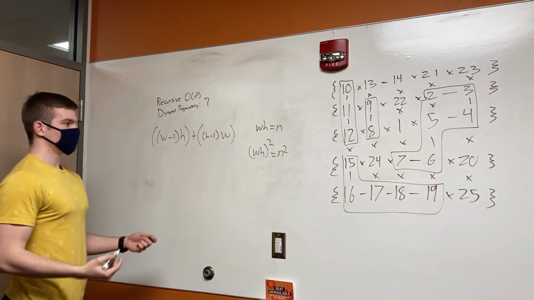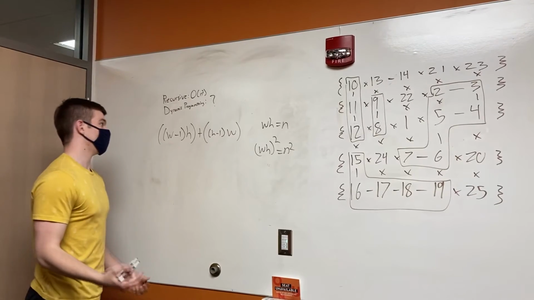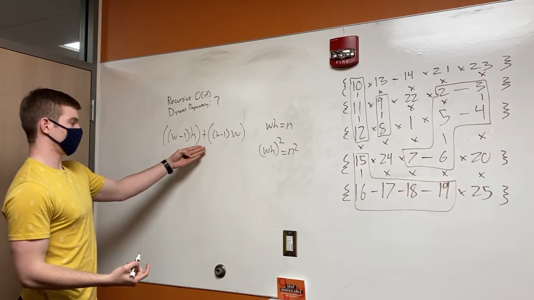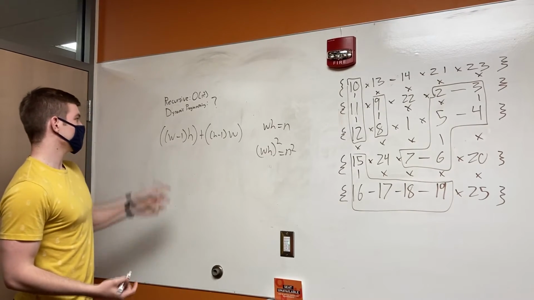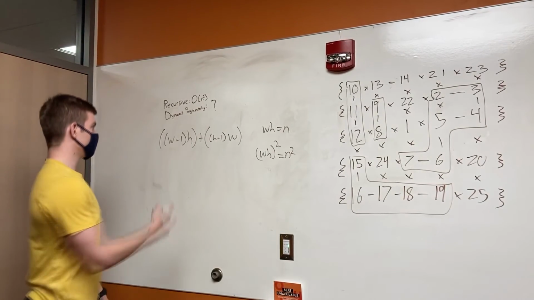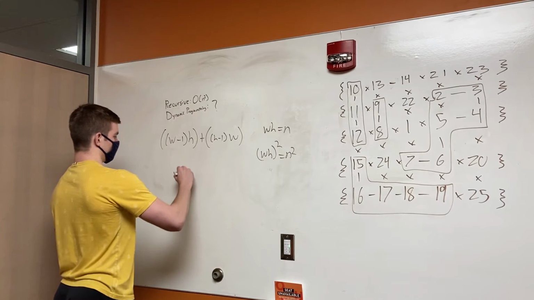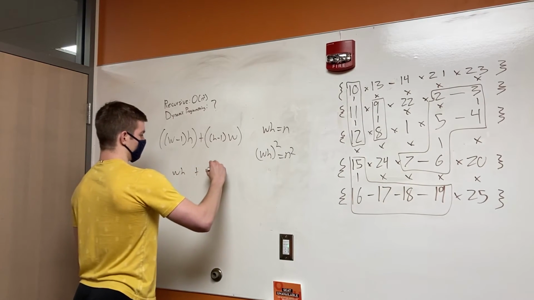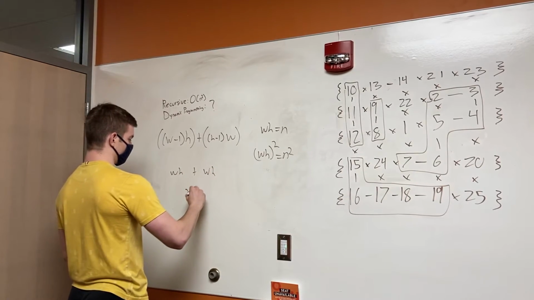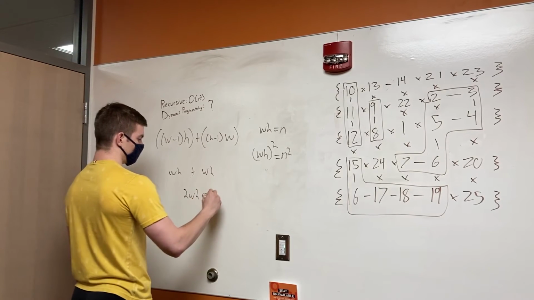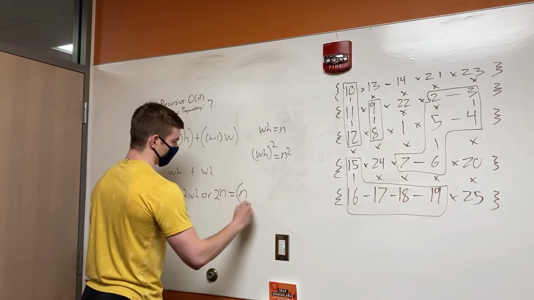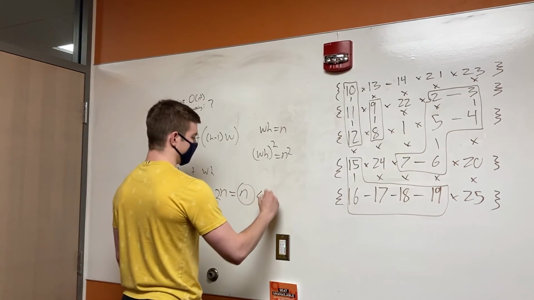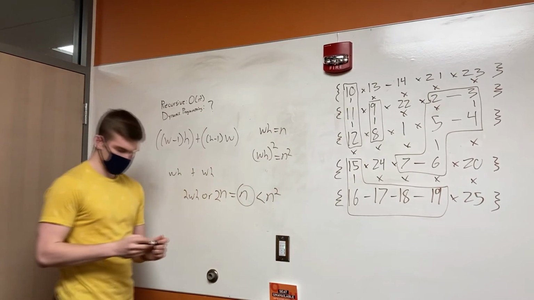So now, to prove that our dynamic programming solution is better, let's prove that this is less than (wh) squared. So in terms of complexity, this is just going to be w times h plus w times h, which is going to be 2wh, or 2n, right? And 2n, in terms of complexity, is just equal to n, which is going to be less than n squared.